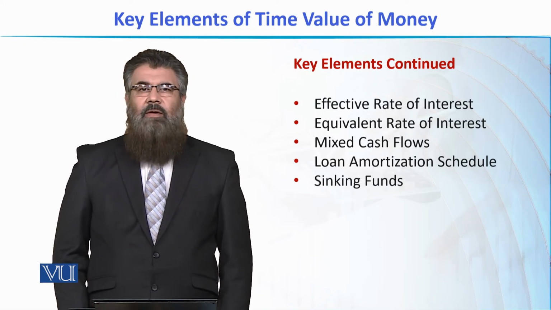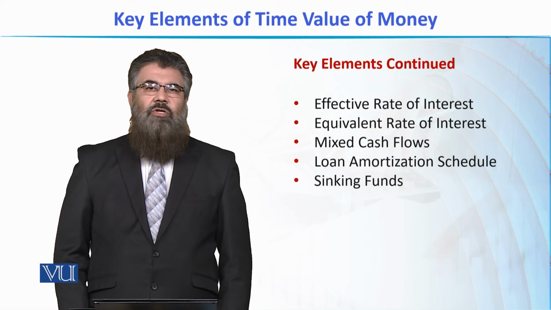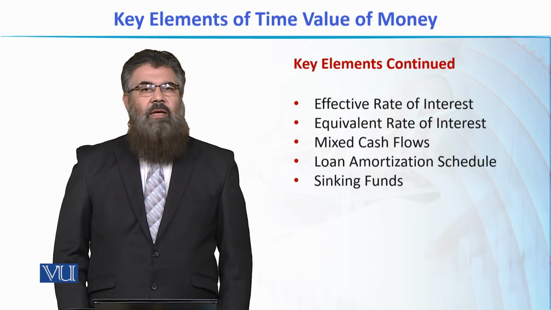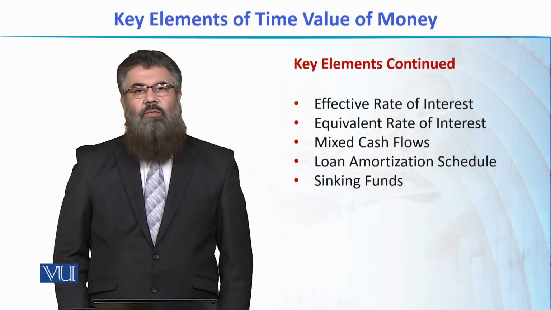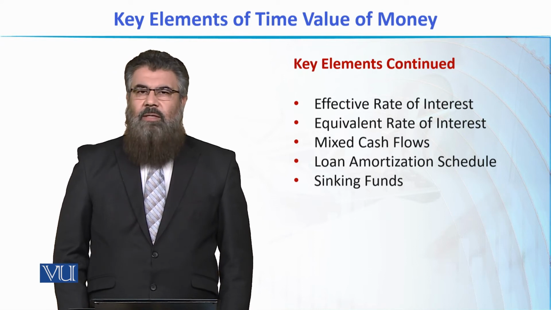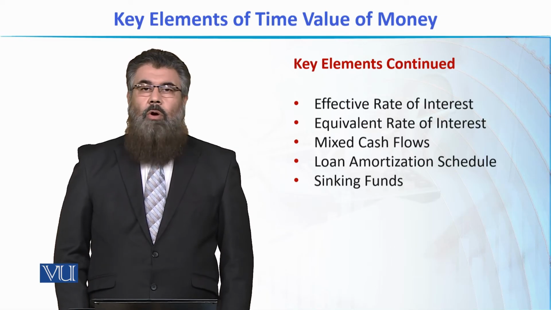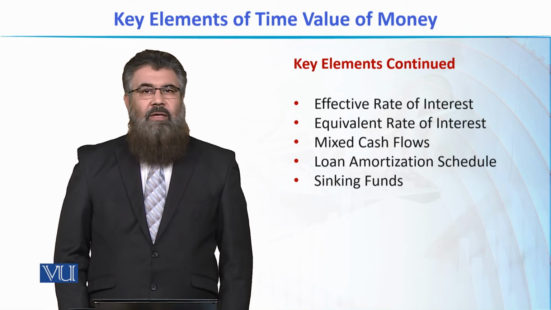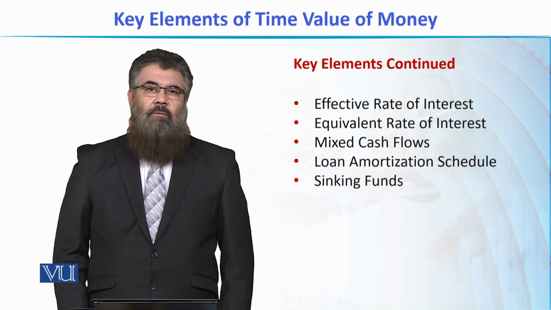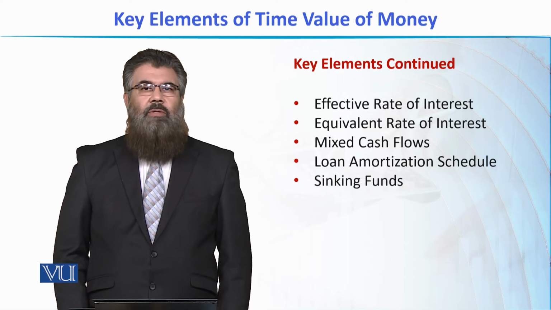In practical life, there are several applications of effective and equivalent rates of interest. In practical life, again, there are various cash flows which are neither single amounts nor annuities, but there is a mix of annuities and single amounts. We call them mixed cash flows.